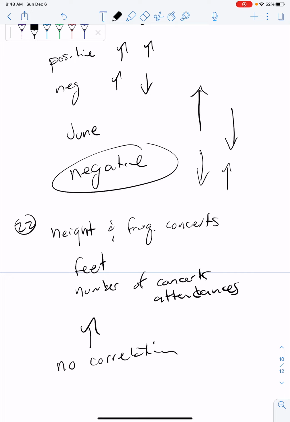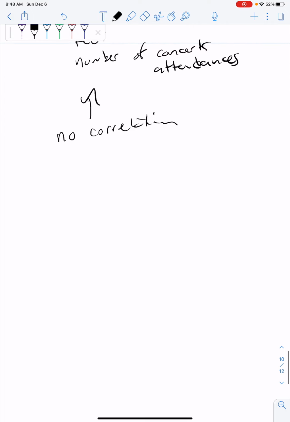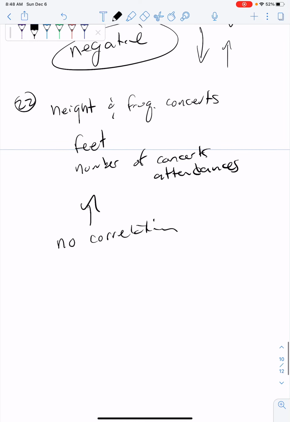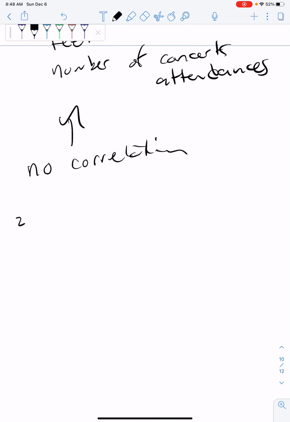You might argue, if you were to actually sample people and you asked a bunch of short people like younger kids, it might look for a minute like they go to less concerts, but that wouldn't be a very good sample if you weren't categorizing your group that way, right? If you were just lumping kids in with adults and asking them how many concerts they go to, that might not be a very good sample right there.